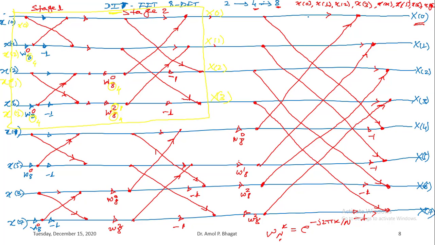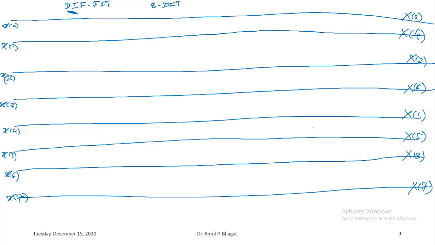See, when you are providing this decimation in frequency, simply what you have to do is take this stage 3 structure. Okay, so this was the stage 3 structure, and this stage 3 structure you will draw at stage 1, right? The stage 2 structure will be the same, while this stage 1 structure you will draw at stage 3 when you are using the DIF FFT algorithm. Okay, so again there will be 3 stages: stage 1, stage 2, and stage 3, right?